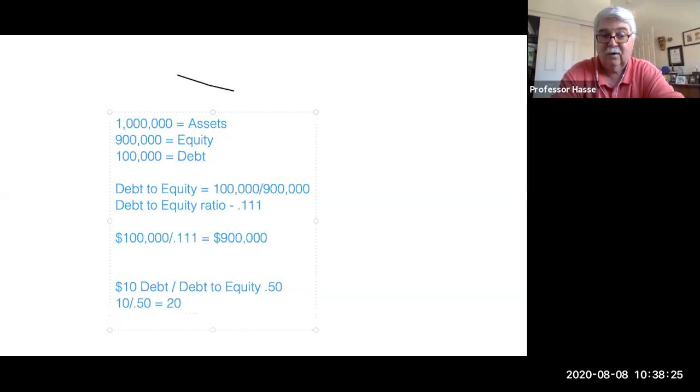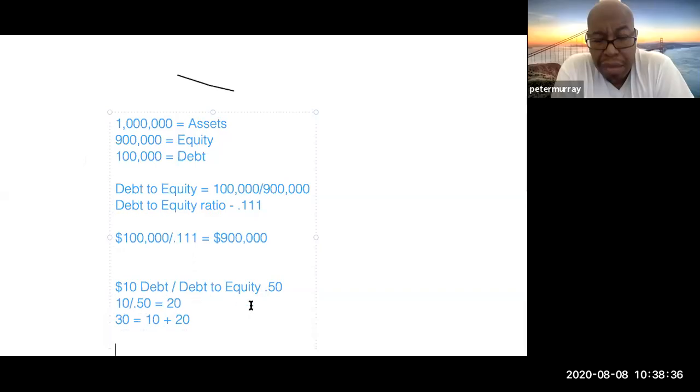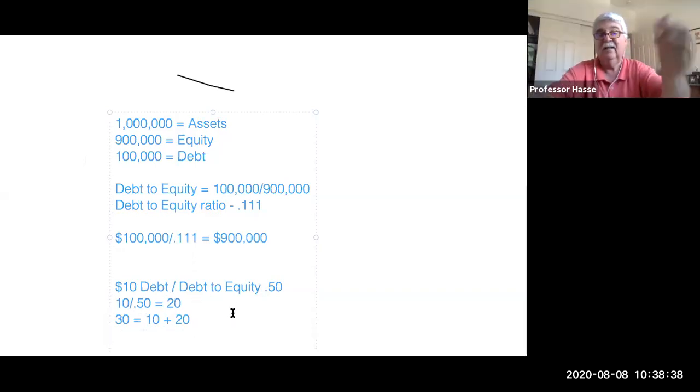So now I know I have $30 of assets equals $10 of debt plus $20 of equity. What percent is debt to assets, equity to assets? That's how you do the problem.